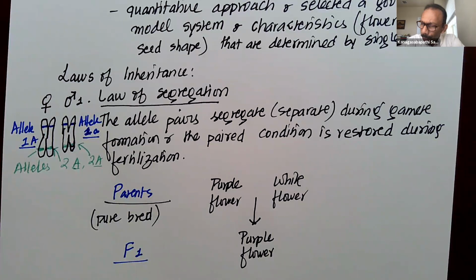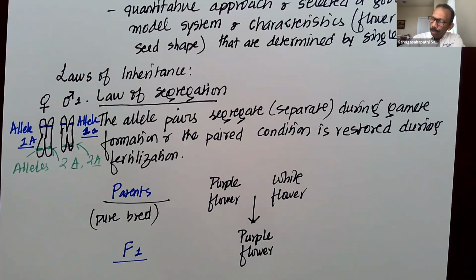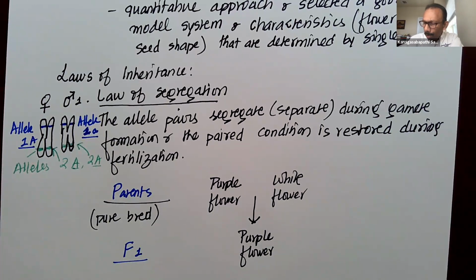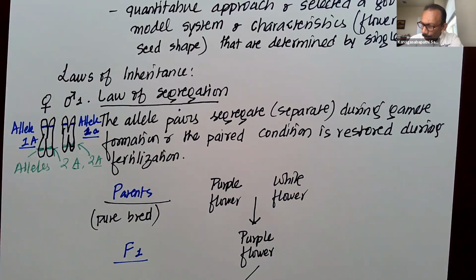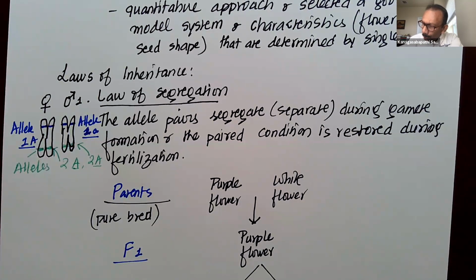So it got all purple flowers. Then he goes to crossing them to the F2 generation. In the F2 generation, he got 3 purple flowers and 1 white color flower.